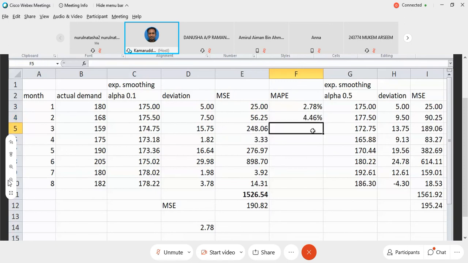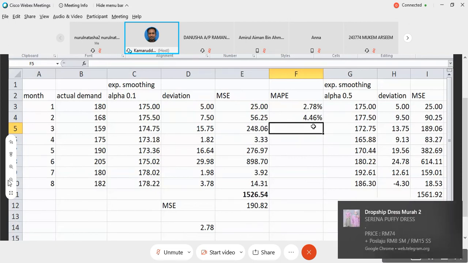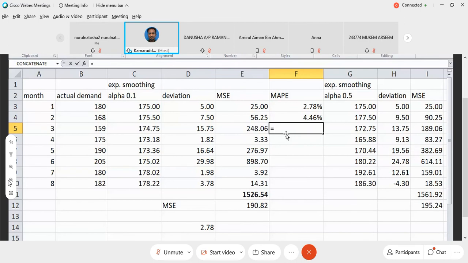So the percentage value error for the MAPE is 4.46%. Okay. Jadi kita akan buat semua yang sama di sini. So we repeat this process to find what is the error in the percentage, divided by actual demand.